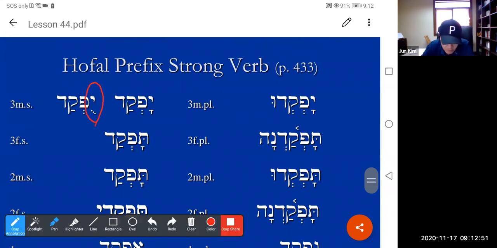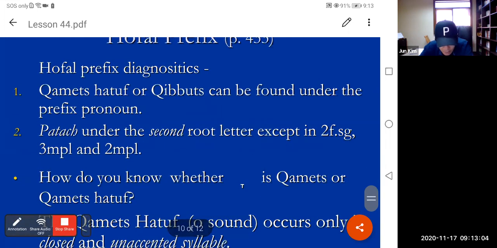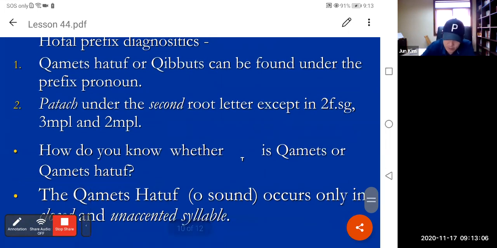Yeah, here. So you need to pay attention to all those things. So either qamets hatuf or qibbuts will be found under the prefix pronoun, and patach under the second root letter, except in 2 FSG, 3 MPL, and 2 MPL. Well, I think you don't need to remember this.